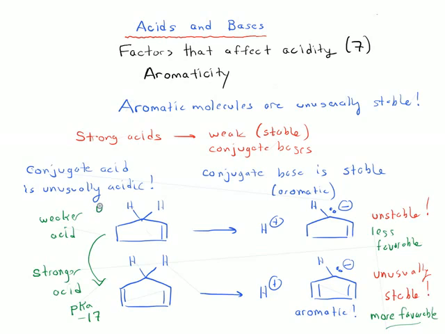And this one has a pKa of about 43. We'll talk about that as an extremely weak acid. So this aromaticity, as we'll learn later, is a really big deal in terms of being able to stabilize molecules. So again, bottom line, if the conjugate base is aromatic, it's going to stabilize it, and it's going to make the conjugate acid a stronger acid.